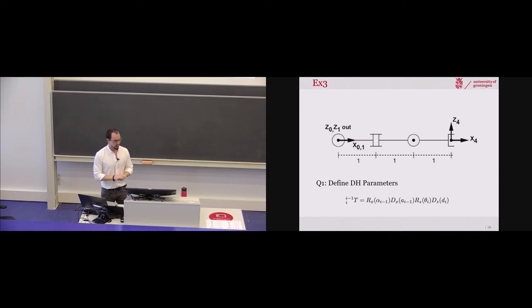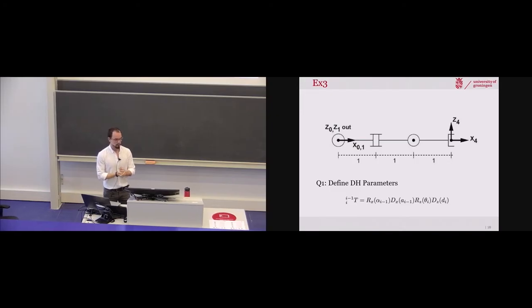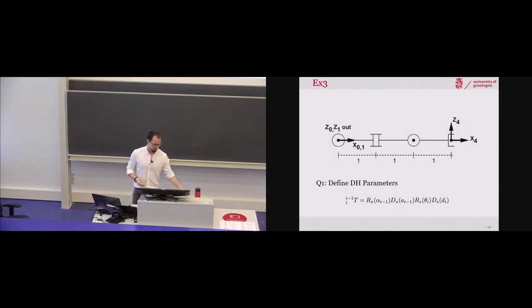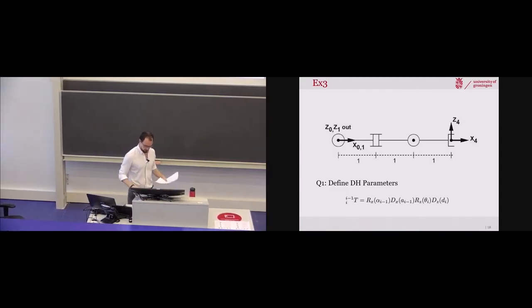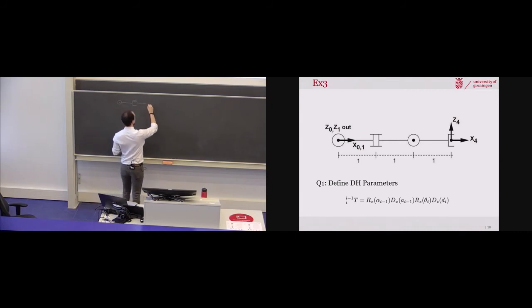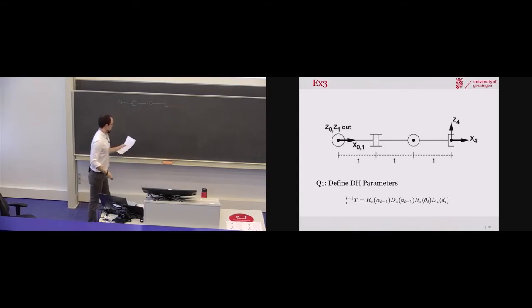Okay, so in this case, we have another three-joint manipulator in which there is this form here. So we have the first joint like this, the second joint like this, the third one is facing us once again, and then there is the end-effector.